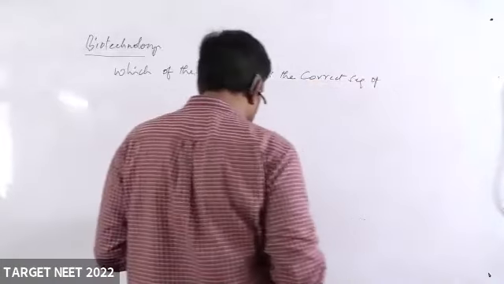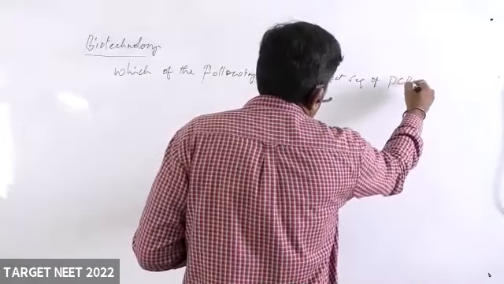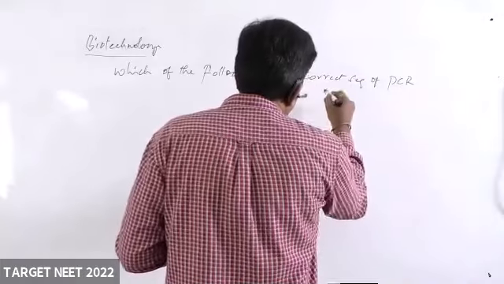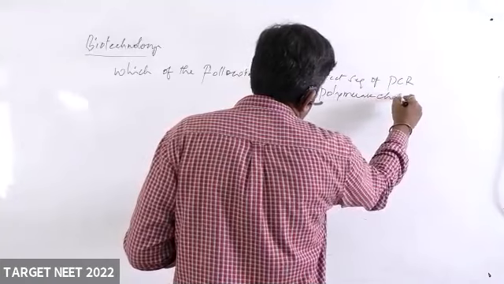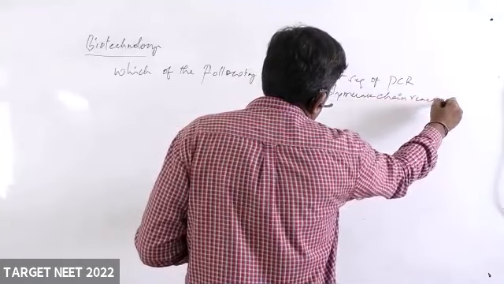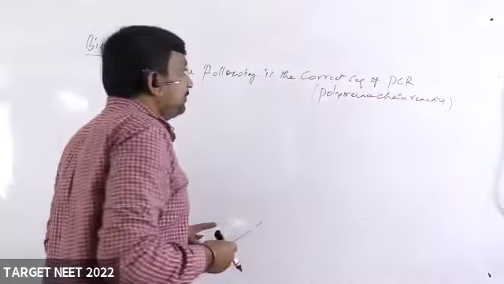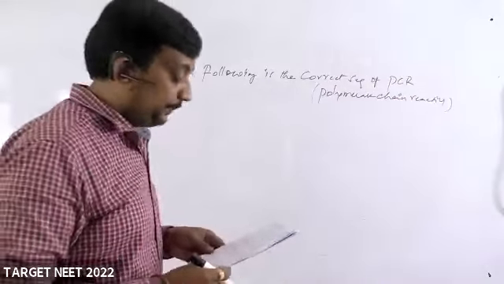Correct sequence of a PCR. What is PCR? This is the polymerase chain reaction. So which of the following is the correct sequence of a PCR?